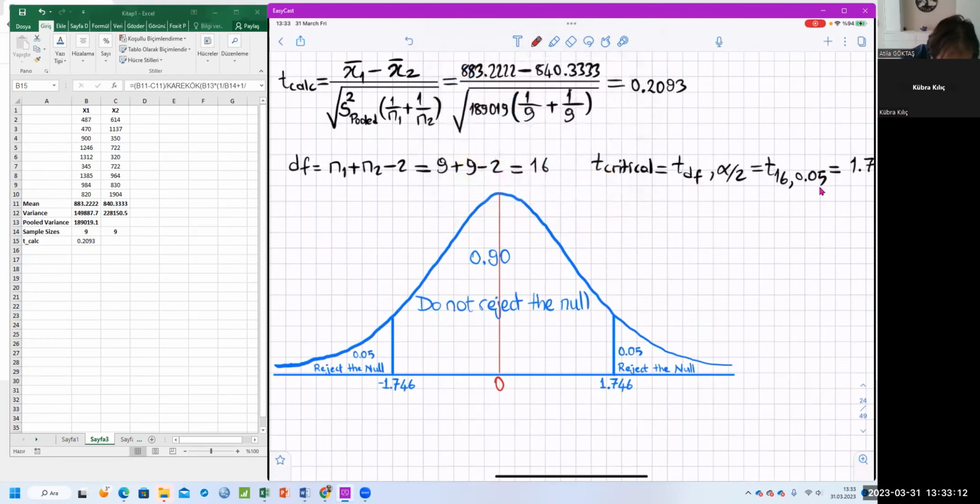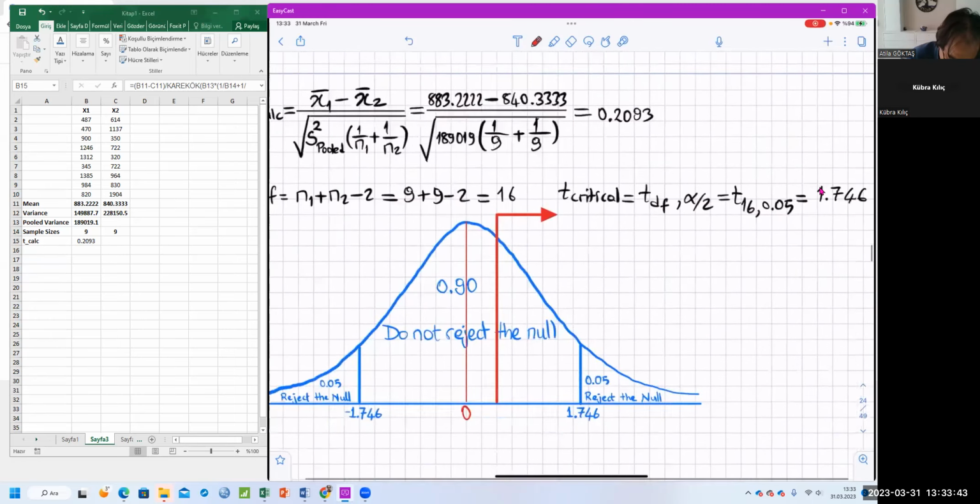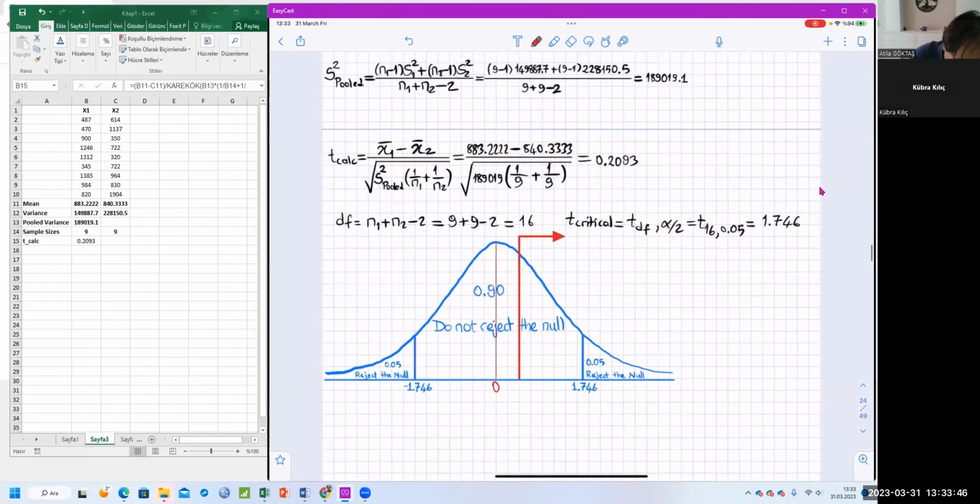The calculated statistic will be falling within the accept region, the region where you do not reject the null hypothesis. So it will be somewhere here. I'll move this a bit down.